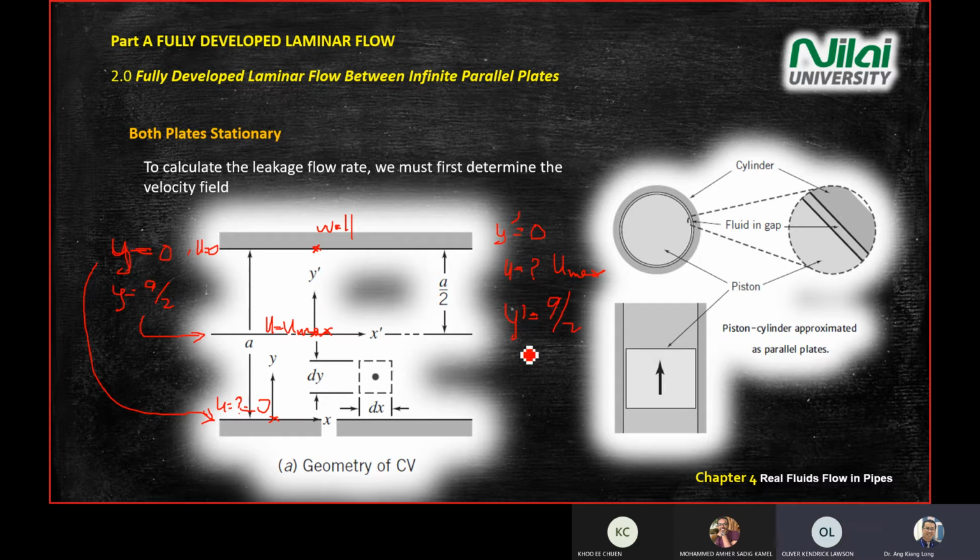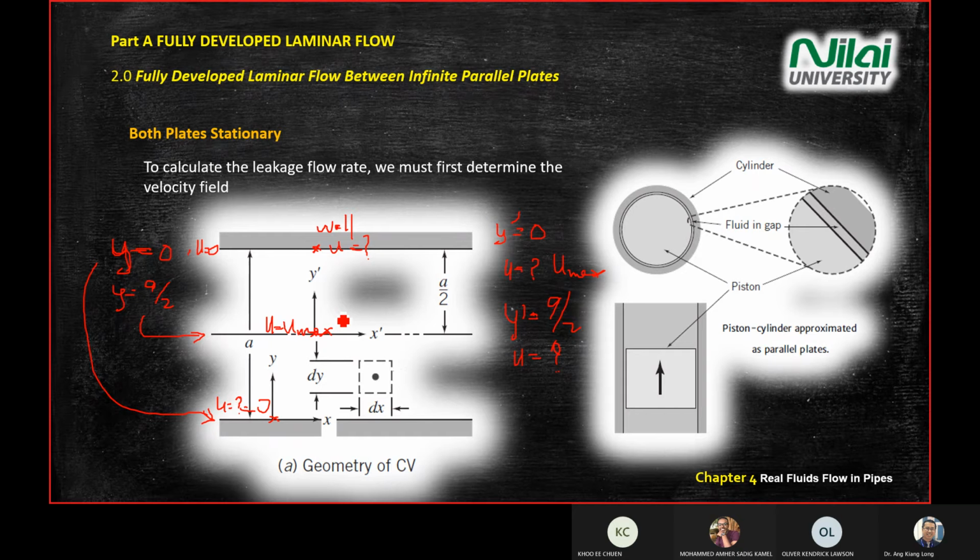What is the velocity at Y prime equal to A divided by 2? What is the velocity here? Is it 0?